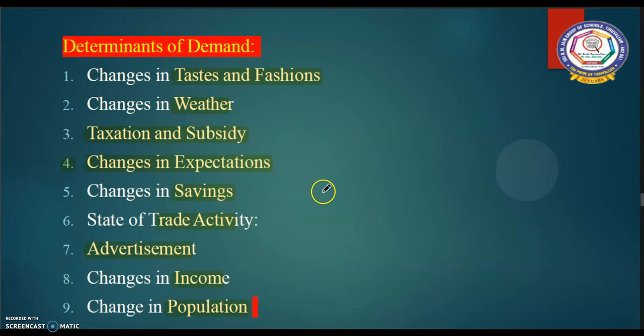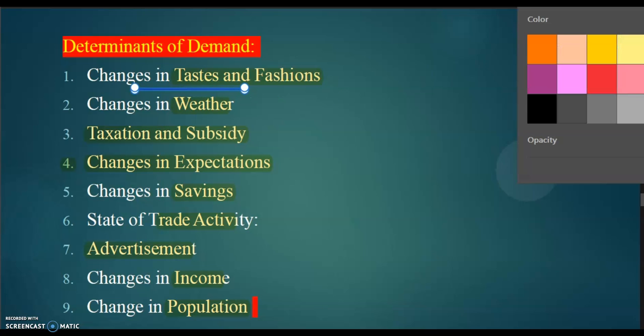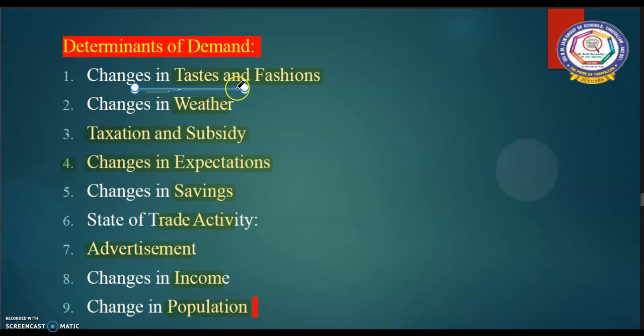Now determinants of demand. Changes in taste and fashion. The demand for some goods and services is very susceptible to changes in taste and fashions of the consumer. Next one, changes in weather.